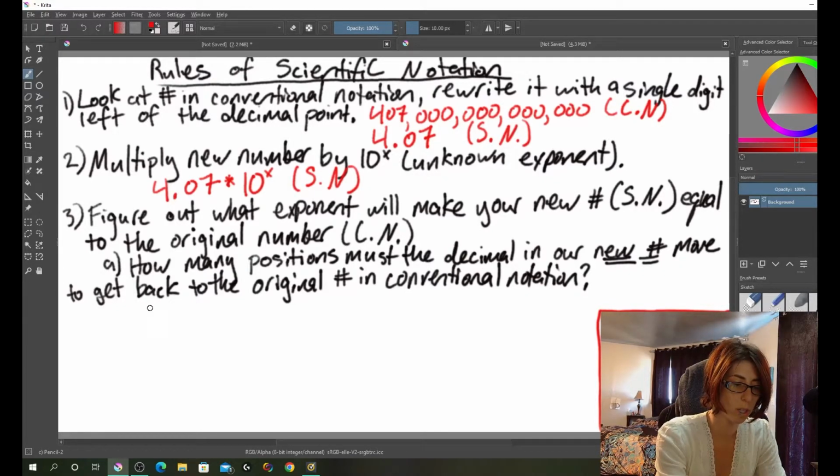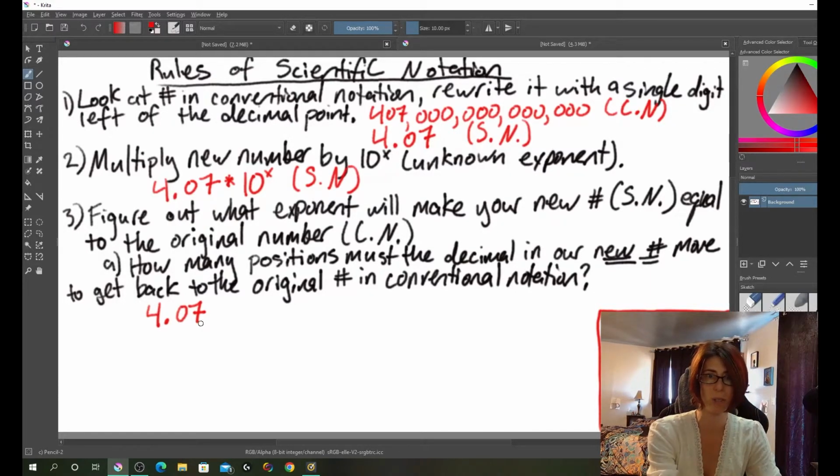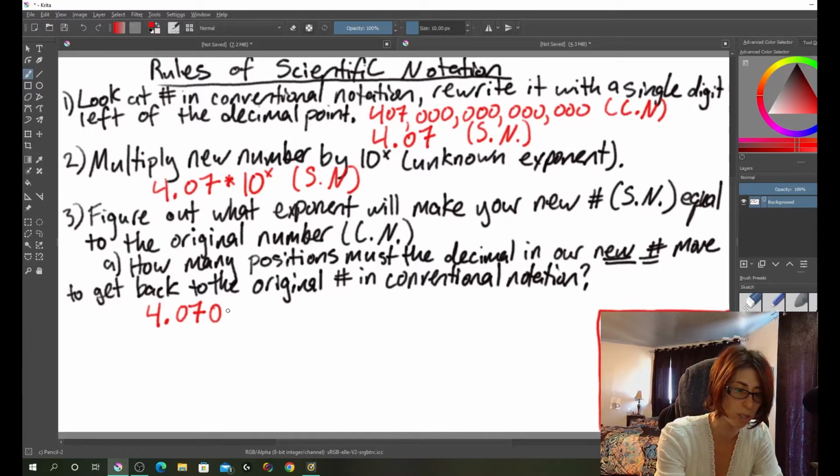So our new value is 4.07, and we want to make 4.07 equivalent to our original value. So what was that? It was 407 with how many zeros? So 3, 6, 9, 12, followed by 12 zeros. So I'm just going to write these 12 zeros here. 3, 6, 9, 12.